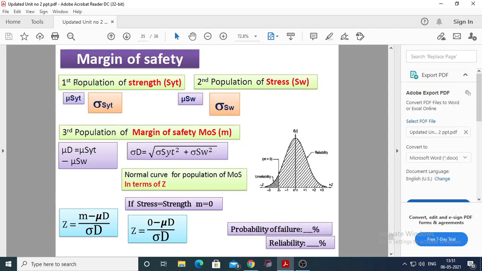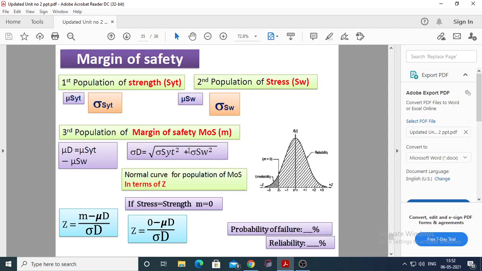There are two populations given. The first population is given for the strength, SYT. The second population is given for the stress. The margin of safety is denoted by capital M, or MOS, or sometimes we write M. That is the third population.